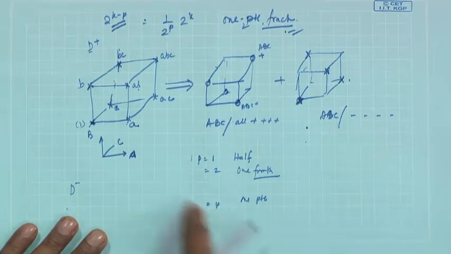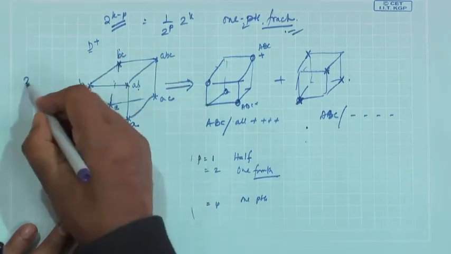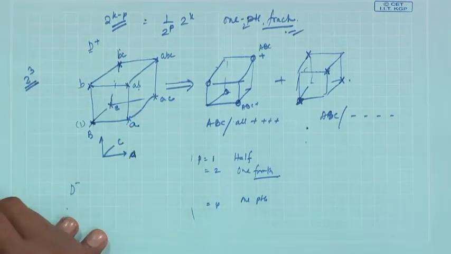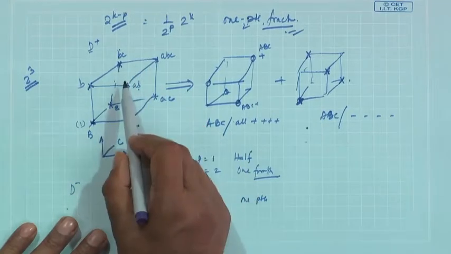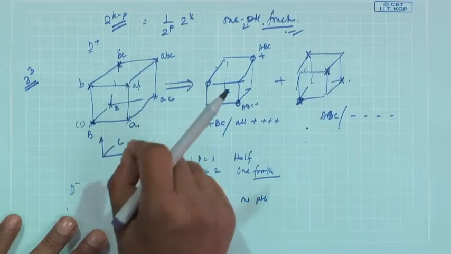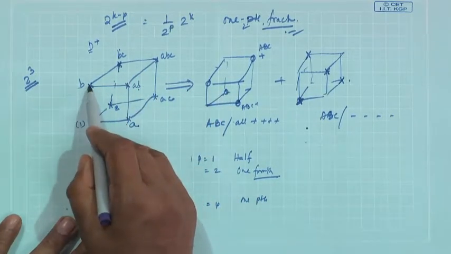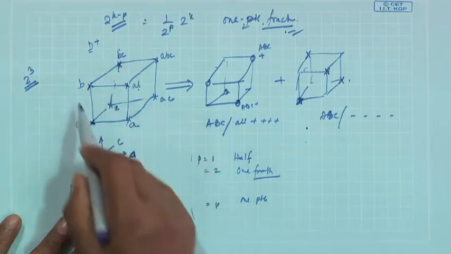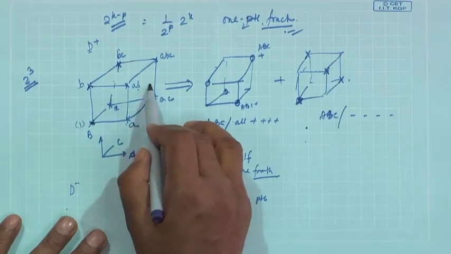To repeat it again, if you have 2 to the power 3 factorial design, the rule is that you will conduct experiment in all the factorial points.